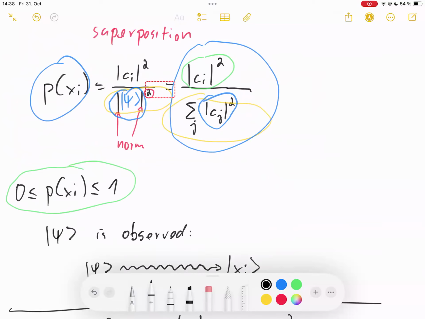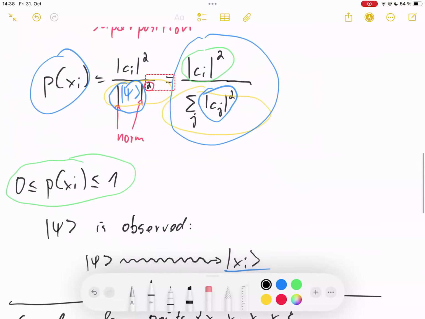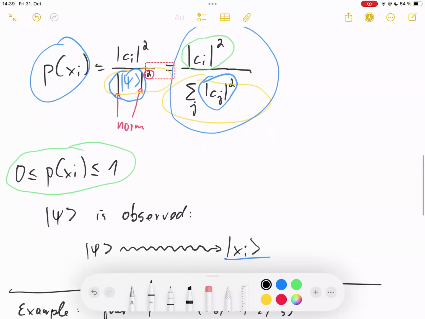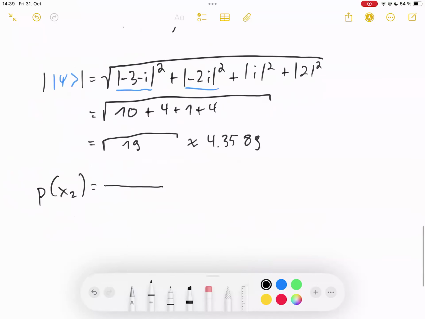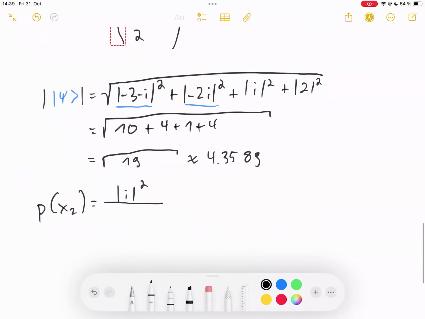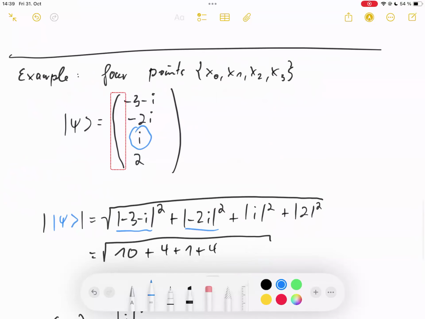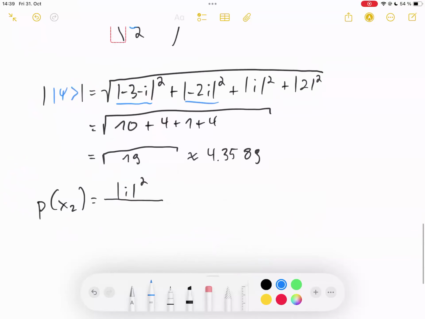I need to take the modulus squared of that specific entry, this i, which I've highlighted in blue, and divide it by the squared norm, which is the square root of 19 squared.